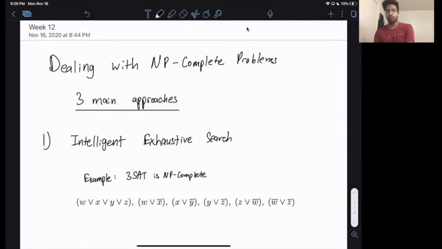But during the last few weeks, we've talked about NP-complete problems, where we don't really have an efficient solution to solving these problems, right? We don't really have a smart, efficient way of getting to the optimal solution. And so the only solution that we have is an exponential search, right? Trying out every single possibility available to us until we find the right answer or the optimal value, right?